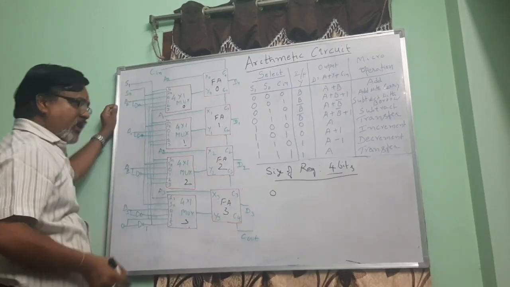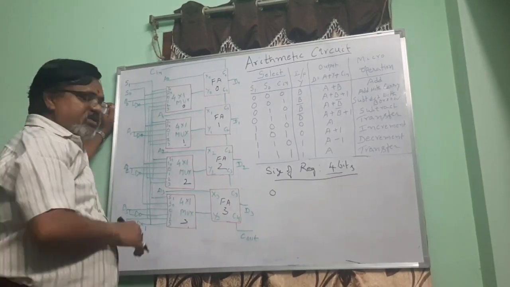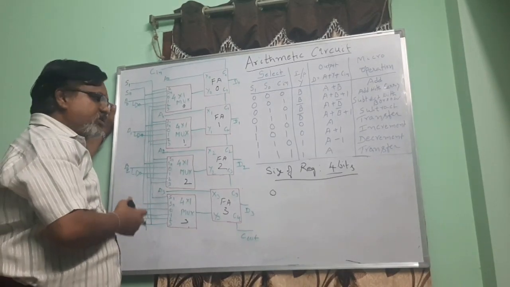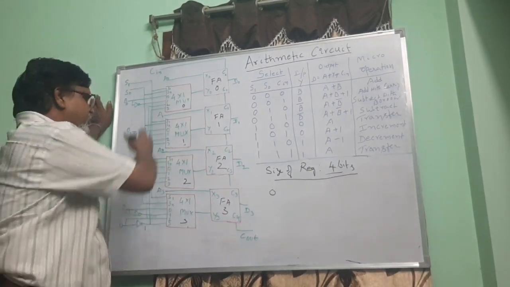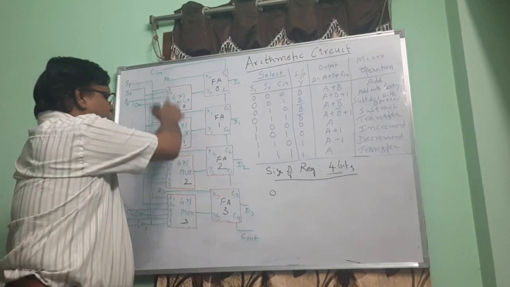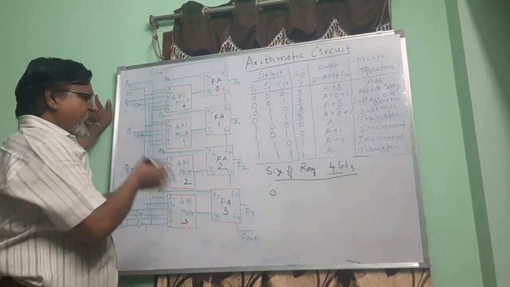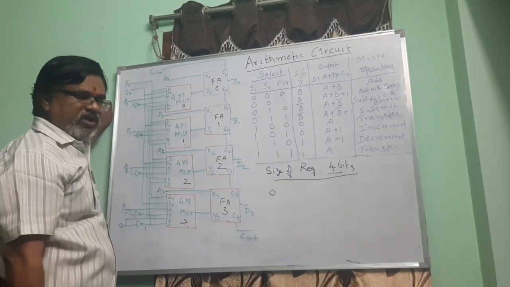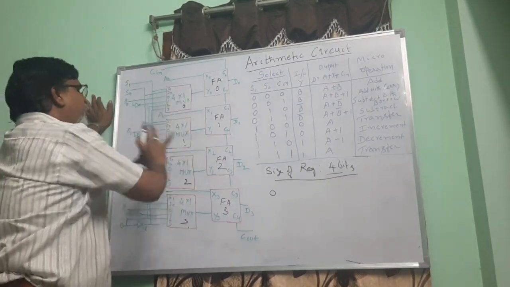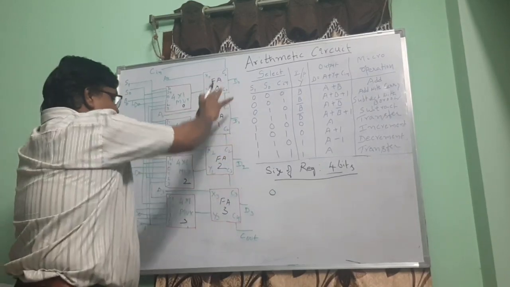Don't think I allotted these numbers by forgetting. Just to explain that we are using 4 multiplexers, I wrote 1, 2, 3, 4, but when labeling them, you should start from 0, 1, 2, 3.